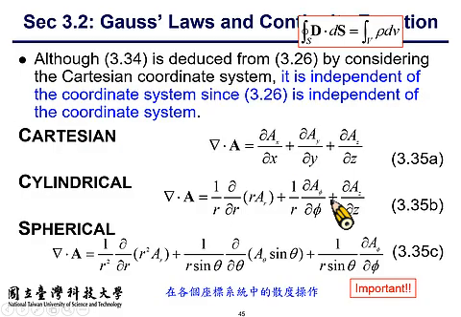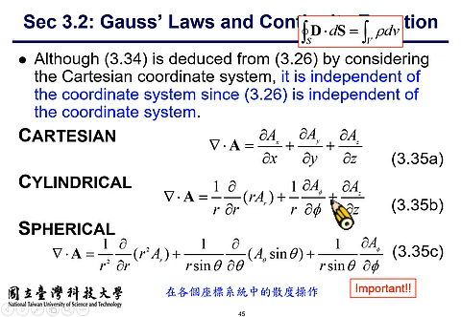And before we stop, I need to remind you that the divergence operator is also different in the Cartesian, cylindrical, and spherical coordinate systems. In the Cartesian coordinate system, the divergence operator is relatively simple.